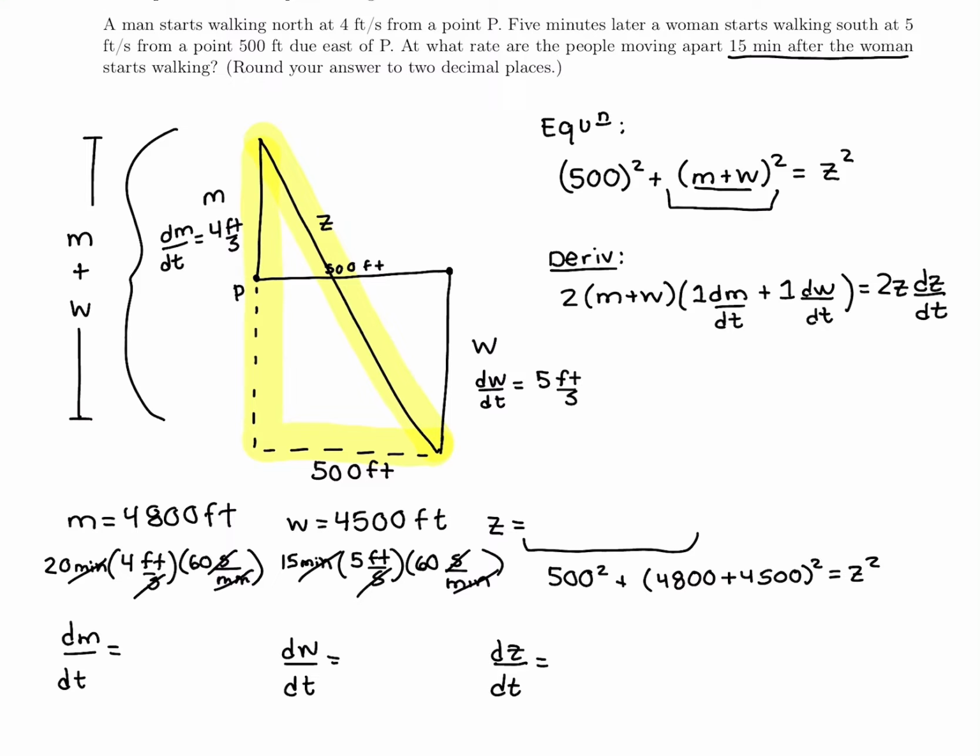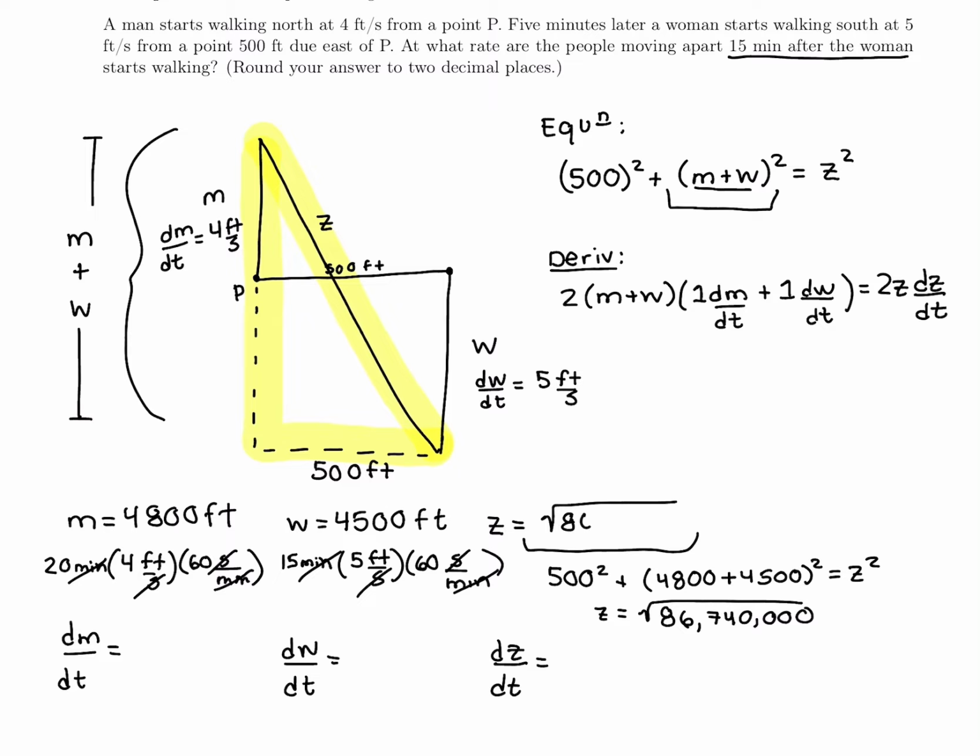We're getting a pretty big number here. When we plug in 500 squared, and then the quantity 4,800 plus 4,500 getting squared, z is going to end up being the square root of 86,740,000. So a very big distance z.